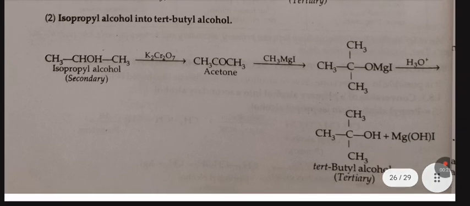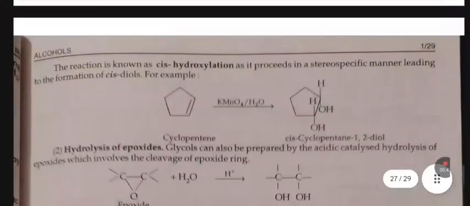Isopropyl alcohol into tert-butyl alcohol: isopropyl alcohol in the presence of K2Cr2O7 gives acetone. Then in the presence of CH3MgI, we will get this. Then we will get tert-butyl alcohol when treated with H3O+.